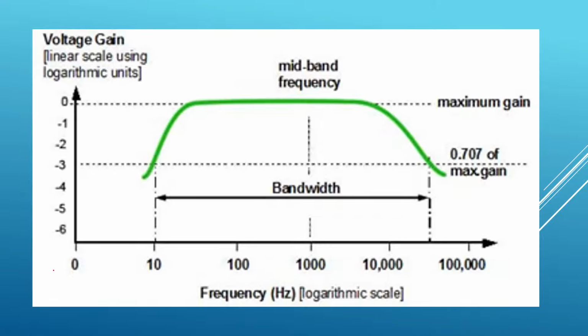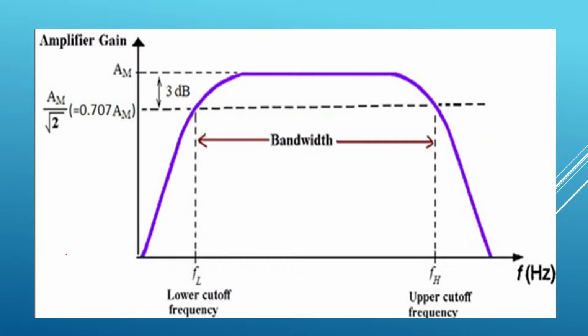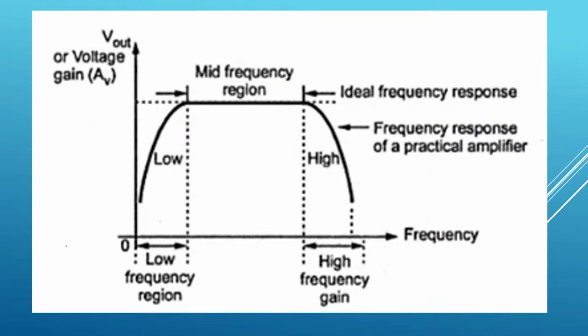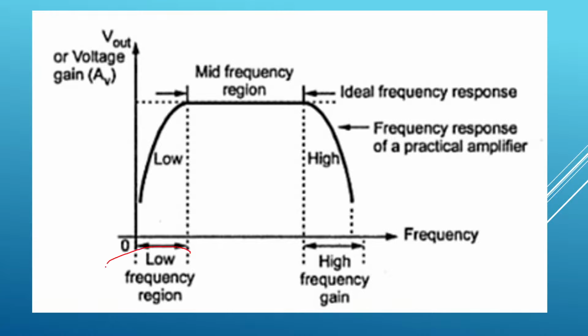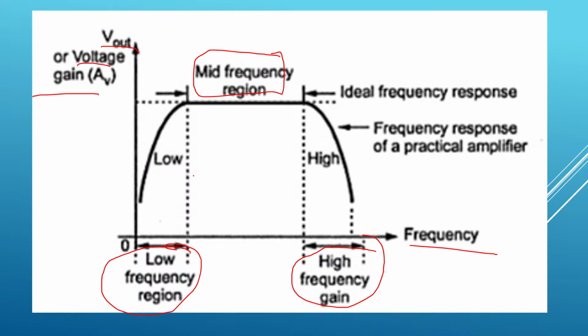I have already prepared the material. So now you can see here I have 3 diagrams. In this diagram, this is the low frequency region, this is the high frequency region, and this is the mid frequency region. This is the output voltage versus frequency, or voltage gain AV versus frequency.